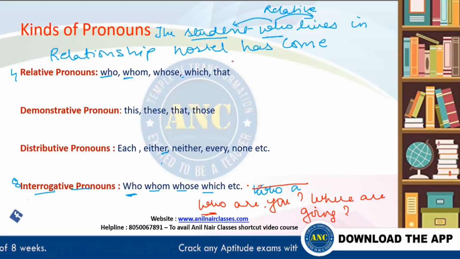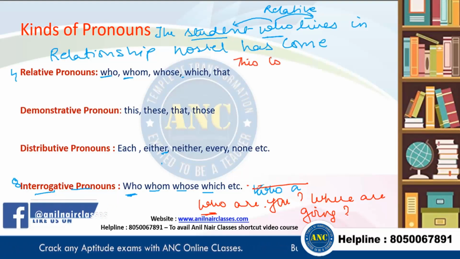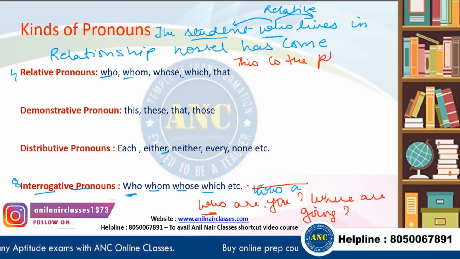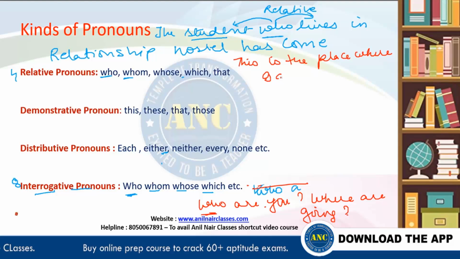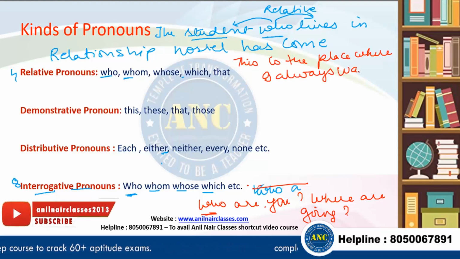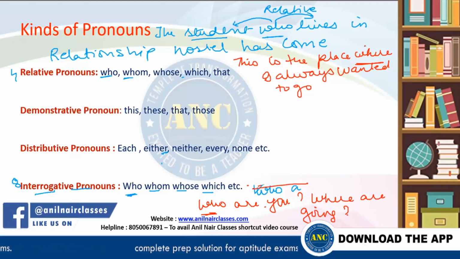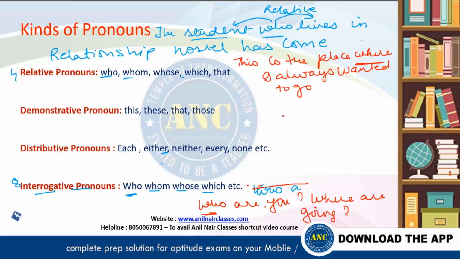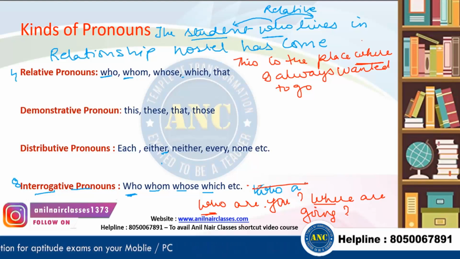Now if I say, this is the place where I always wanted to go, here the word where is functioning as a relative pronoun. Whereas when I say where are you going, this where is an interrogative pronoun.